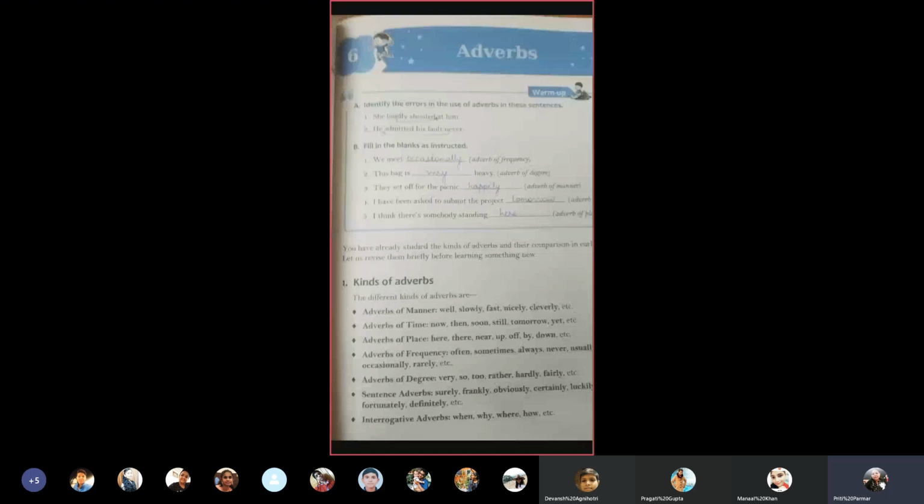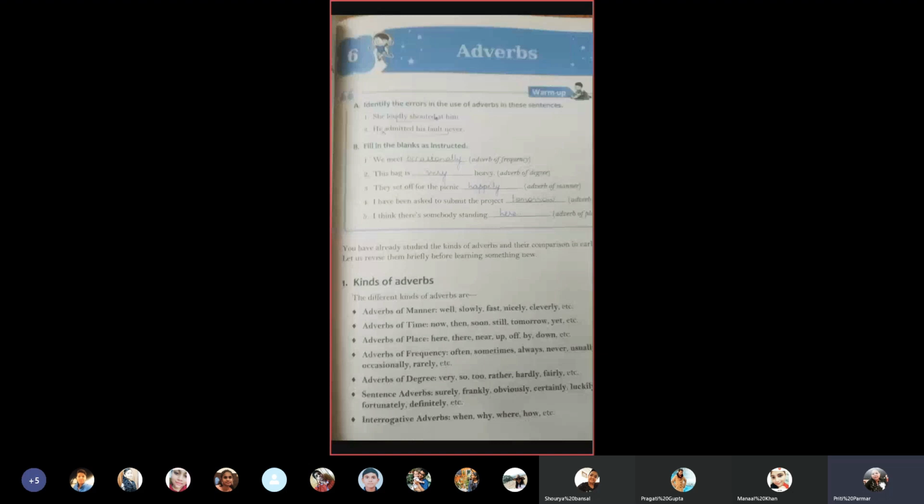Here, since we are talking of a girl who is smart, girl is a noun and smart is telling something extra about the girl, so it's an adjective. Now, when I say smart girl sings sweetly, smart is an adjective, girl is a noun, sings is a verb, sweetly is an adverb.